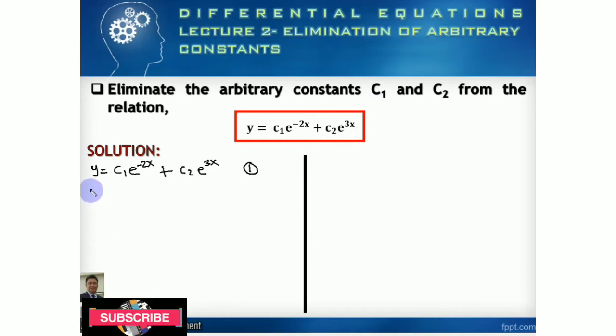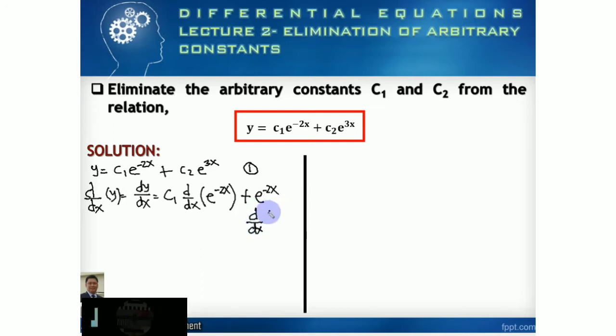From here, the derivative d over dx of this variable y, which is dy over dx, is equal to, we need to consider first this first term, C1 times the derivative of this e raised to the power of negative 2x, plus this e to the negative 2x times the derivative d over dx of your C1.